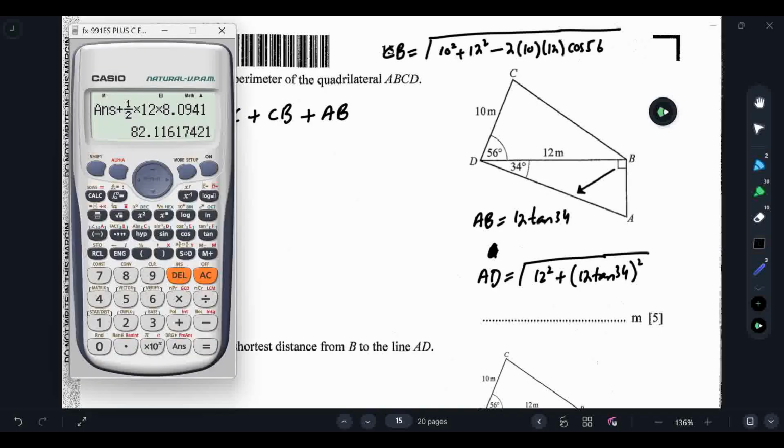So let's start from CB. Now we know that this one is a little bit complicated, so I will start from there and then we'll try to write down the final answer.